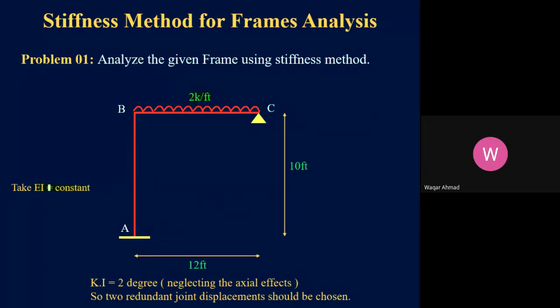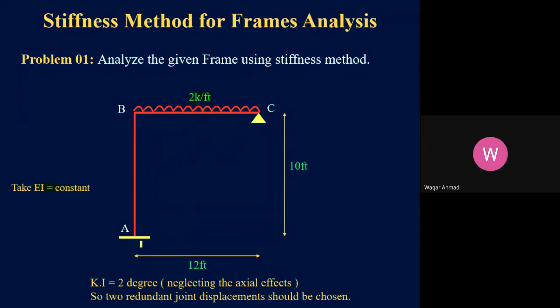EI remains constant. Now, the very first step is to find out the kinematic indeterminacy of this frame structure. I don't need to go into the formulas; just by looking at this frame structure, I should know where there is the possibility of deflection.